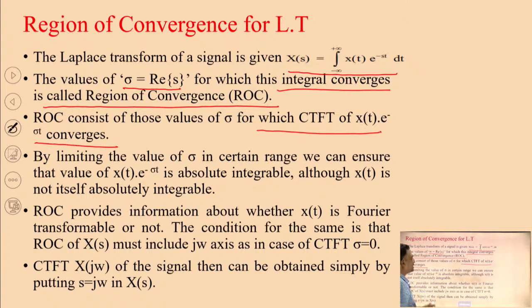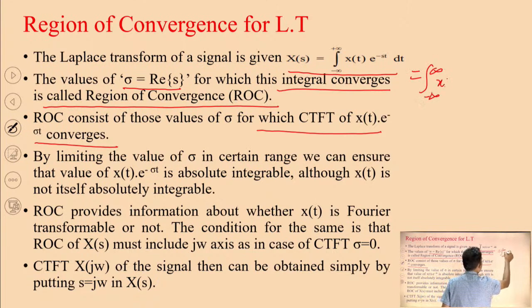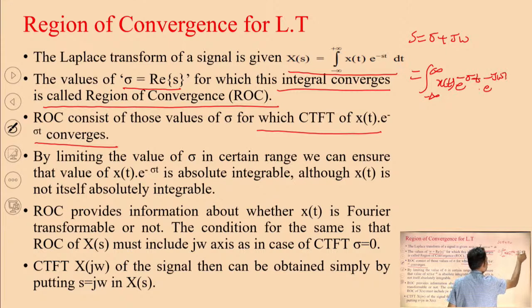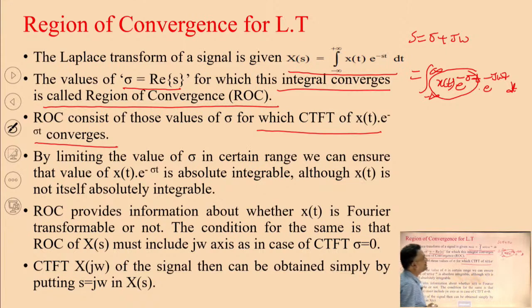Right now if you write s in place of this, integral from minus infinity to infinity of x(t), and put s equals sigma plus j omega, you have x(t) e^(-sigma t) e^(-j omega t) dt. So basically we are taking the Fourier transform of x(t) e^(-sigma t) rather than x(t).